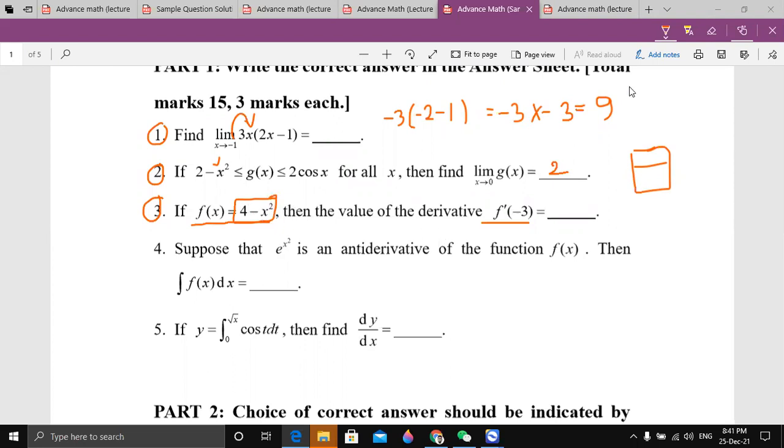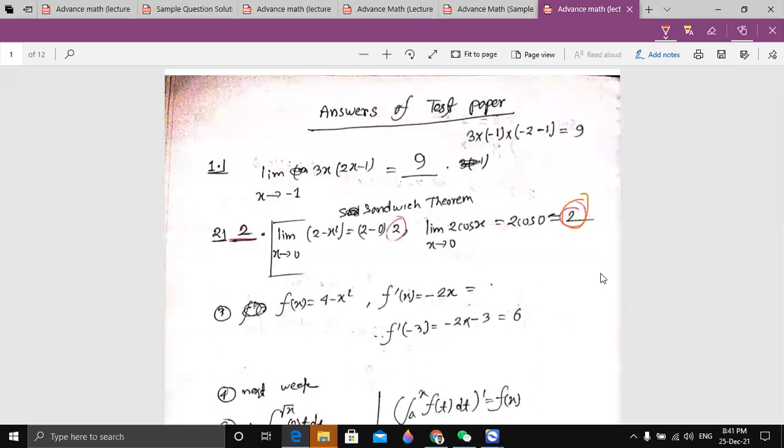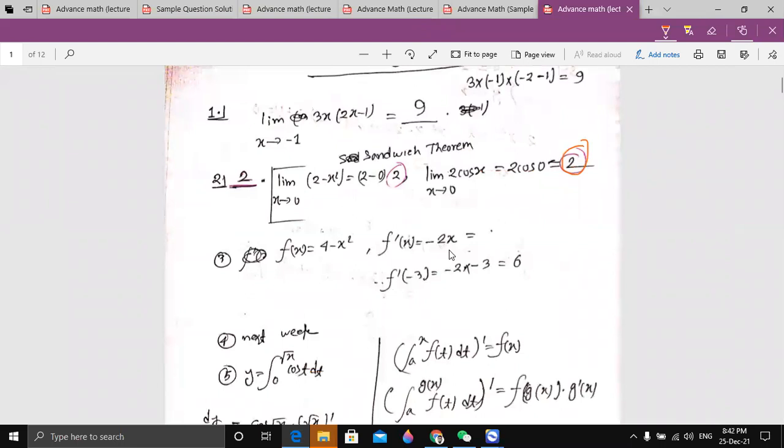So we know that the derivative of 4 minus x square: the derivative of the constant is 0, and the derivative of minus x square will be minus 2x. Now we have to plug in the value minus 3 here. So 2 into minus 3, that will be minus 6. So here we had another minus, right?